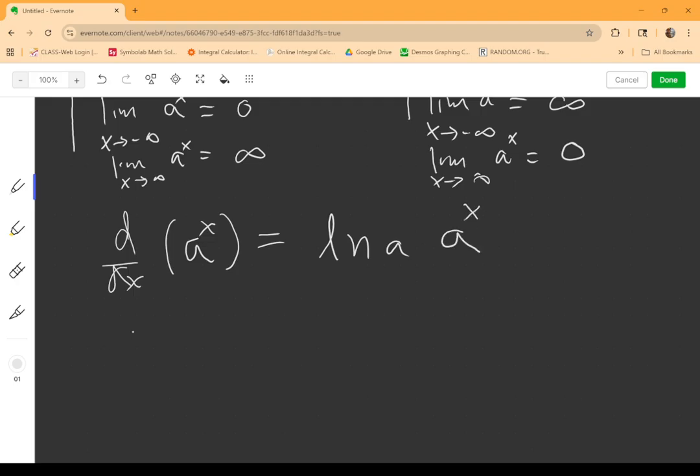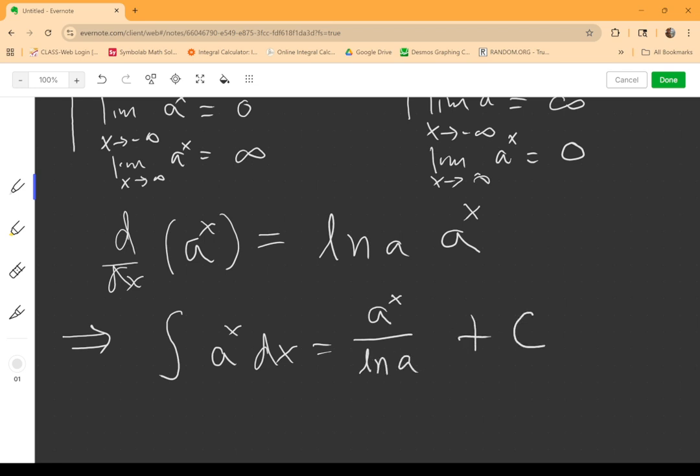So based off of this, now I can define the integral of a to the x. We do have to account for this constant. Remember, natural log of a is just some constant. The way we account for that is, here we're multiplying by it, so in the antiderivative formula, we'll be dividing by it, plus c.